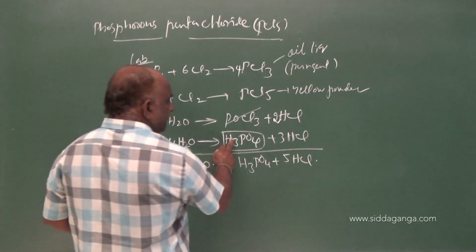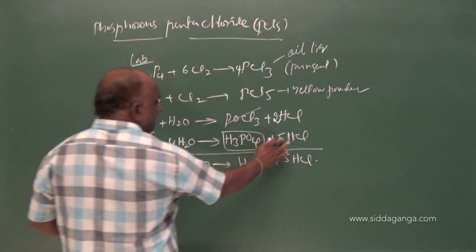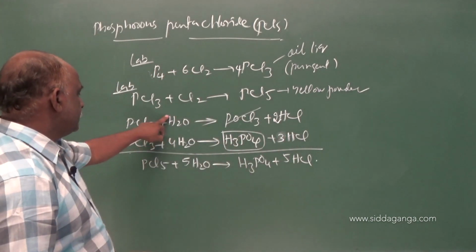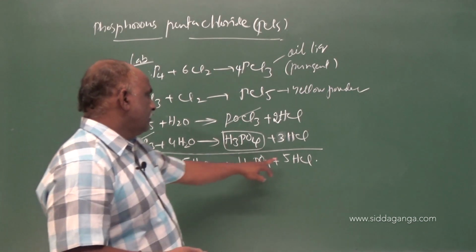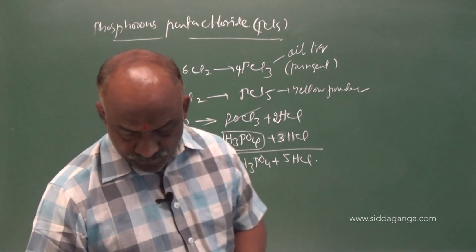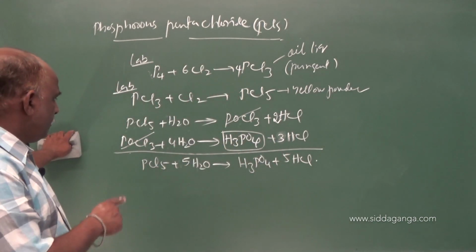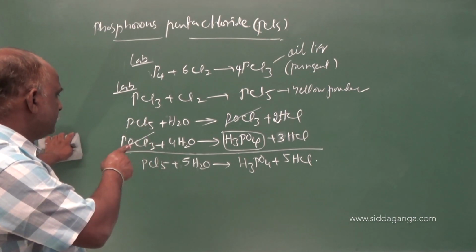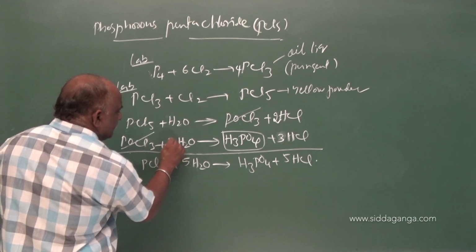Balancing the hydrogens and chlorines, PCl5 plus 5H2O, 5 twos are 10, gives 5HCl, and POCl3 plus 4H2O, 3 twos are 6, 3H2O.